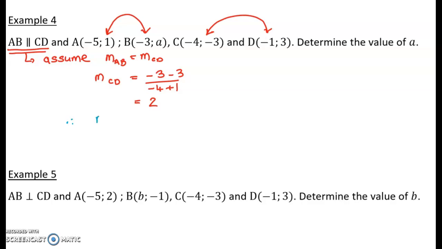Therefore, they're going to the AB. You go to A minus 1.